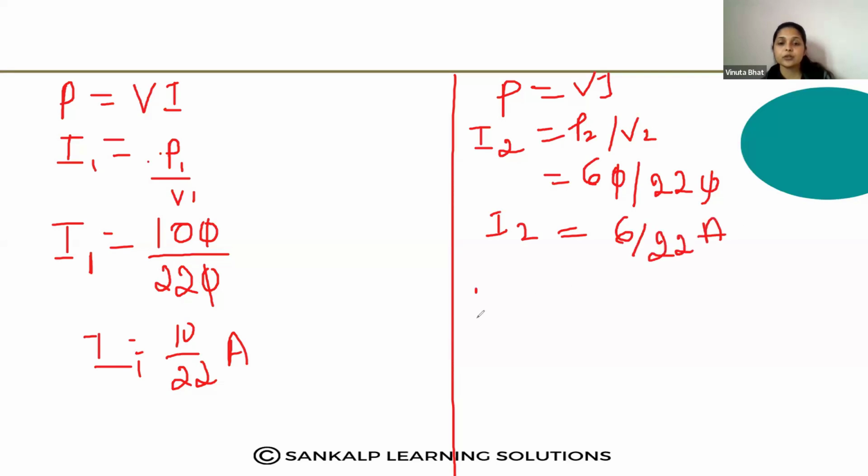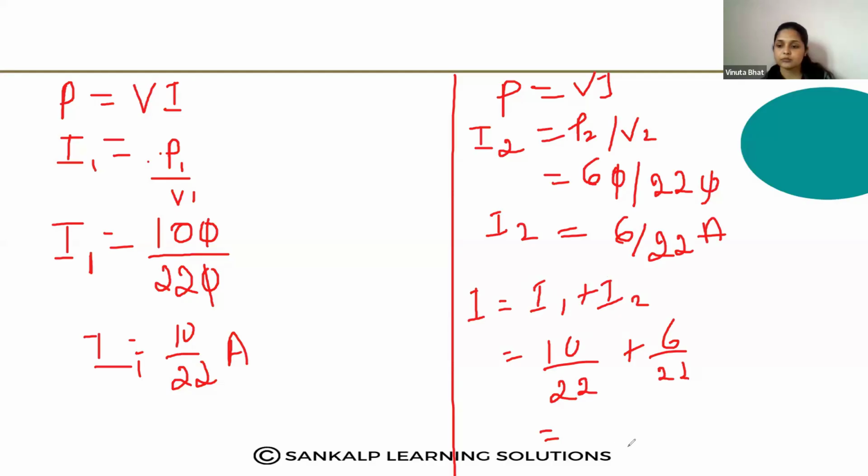Now you have to find out the total current drawn from these two lamps. I is equal to I1 plus I2, right? Here I1 is 10 by 22 plus I2 is 6 by 22. That is equal to, try to solve the question.